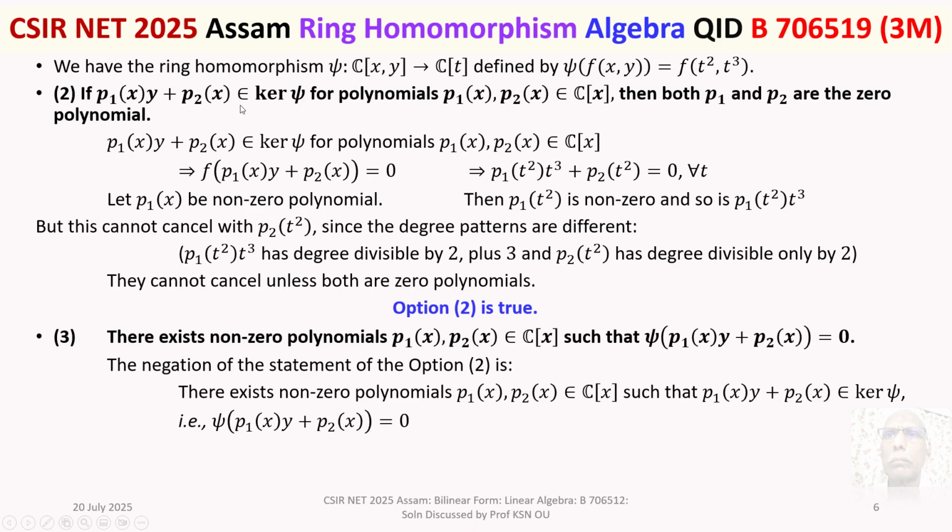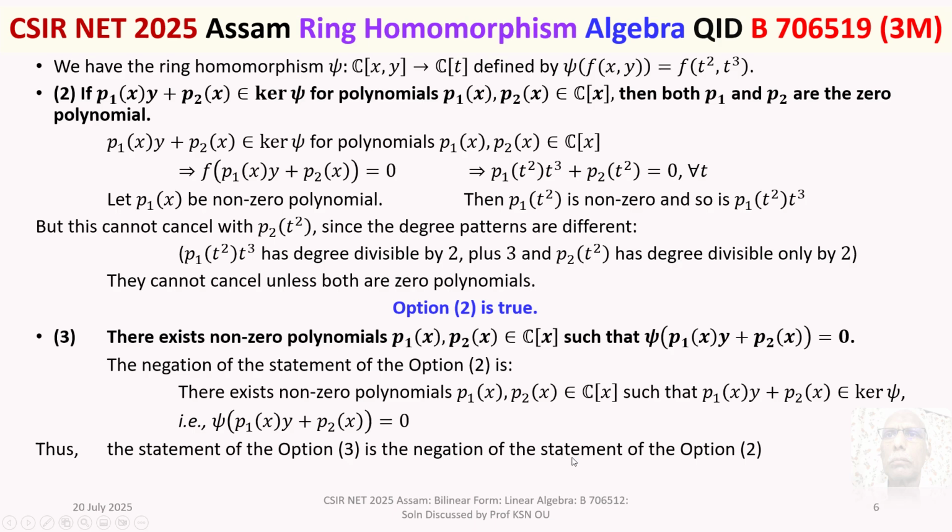This is precisely this one. So the statement of option 3 is the negation of the statement of option 2. Since option 2 is true, option 3 must be false.